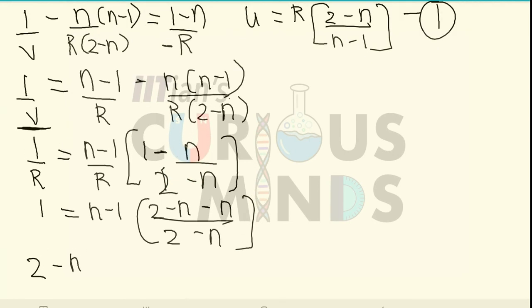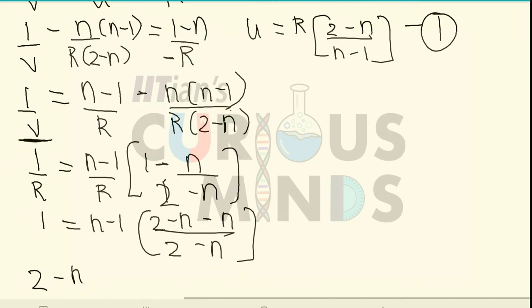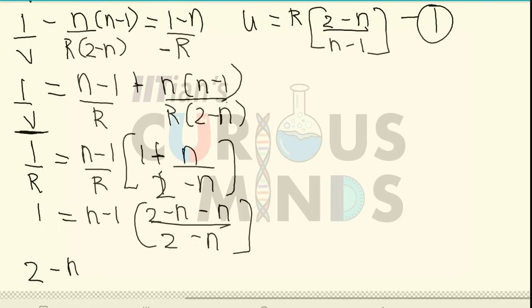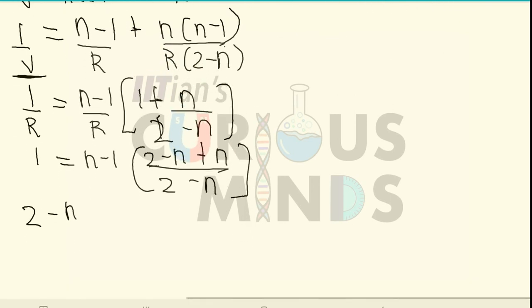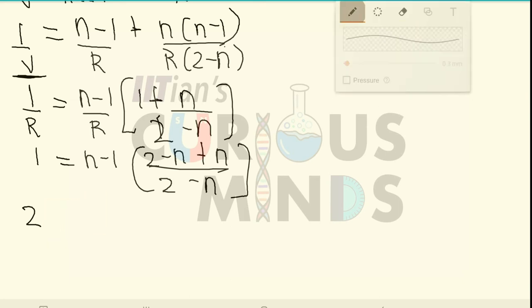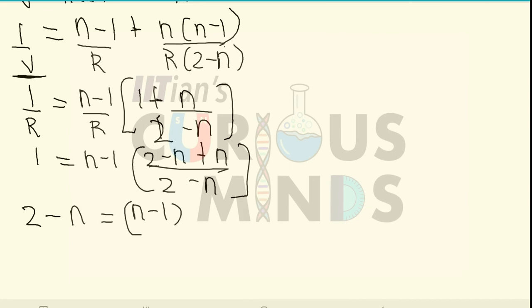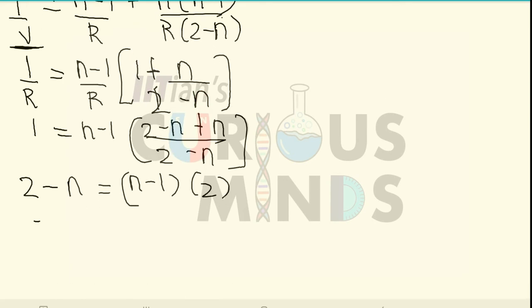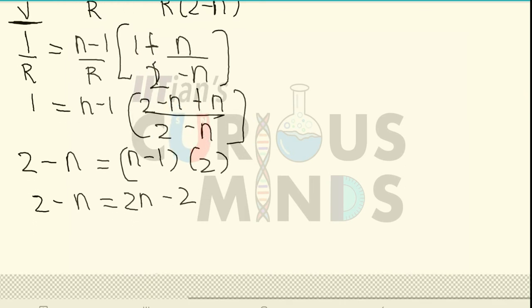Or I will rearrange this term over here. So 2 minus n will be equal to n minus 1 into 2; minus n plus n will get cancelled. So 2 minus n is equal to 2n minus 2.